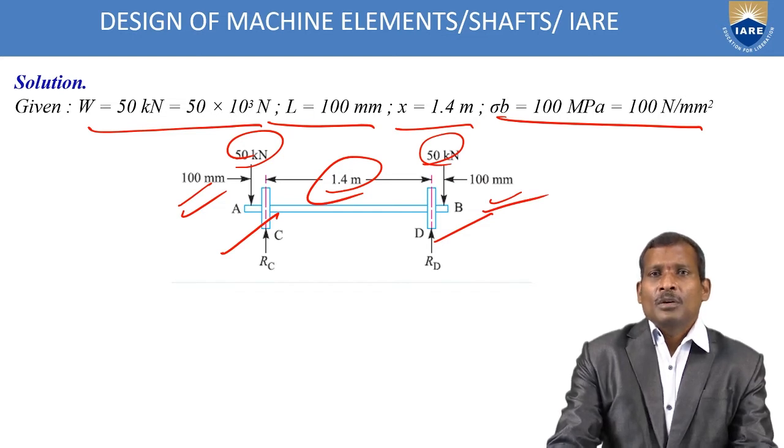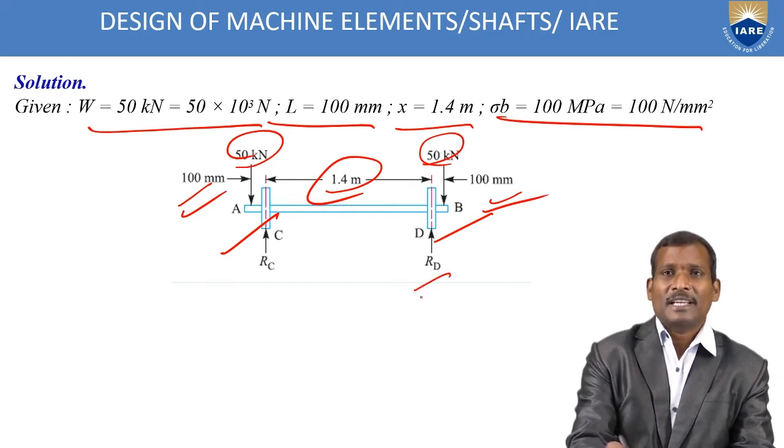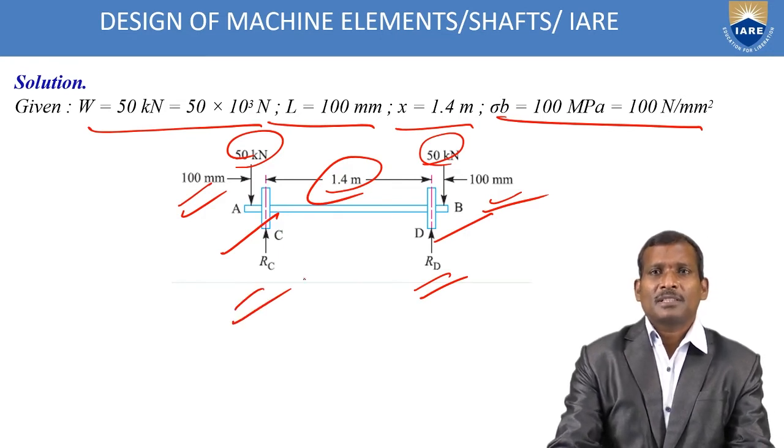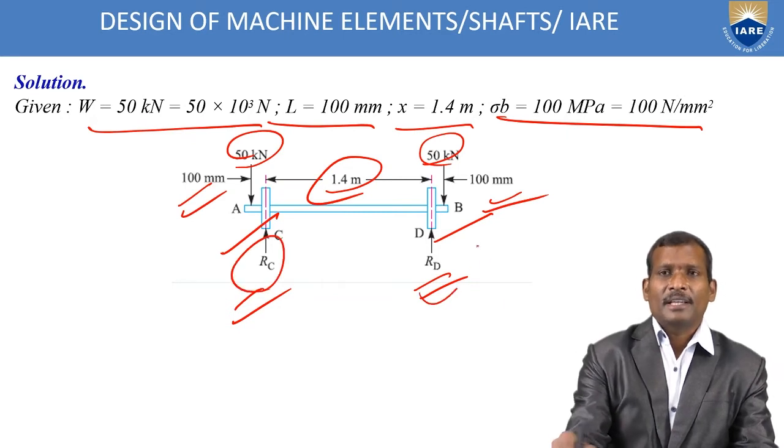Clear? Now, analyze the forces. What are the forces acting here? The upward force and downward force. The downward forces are 50 kilonewtons, and in upward direction there are reaction forces at the supports. It means the wheels are supported at the two wheels. So the reaction forces are the left side reaction force and the right side reaction force. You can see in this figure at C, RC and at D, RD.